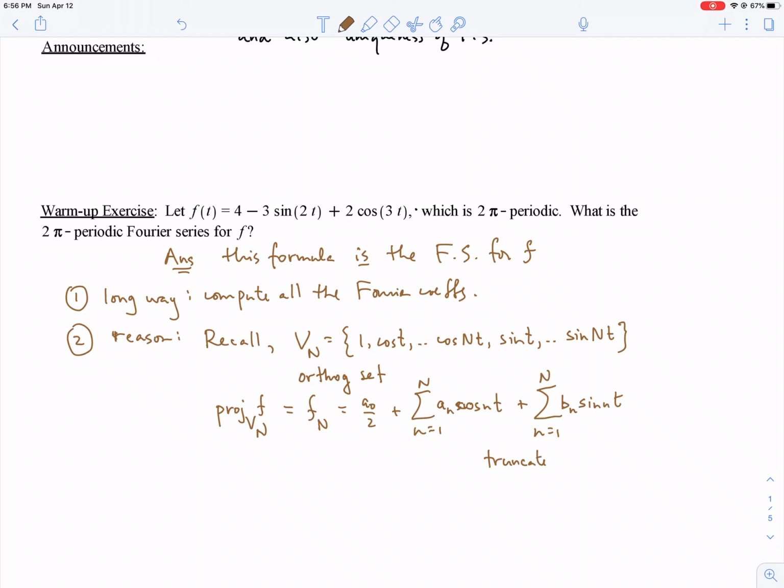So that's where the Fourier coefficients came from.